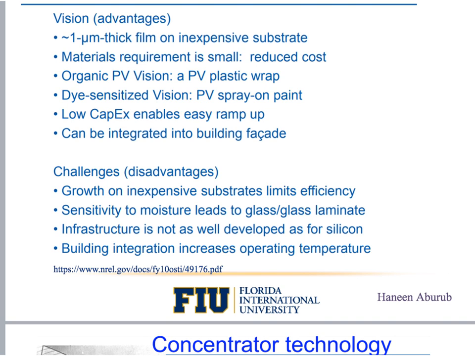Now the disadvantages include that the growth of inexpensive substrates limits the efficiency of this type of solar PV, so its efficiency is lower than crystalline silicon, and it's sensitive to moisture, which leads to glass lamination, and the infrastructure is not as well developed as for silicon. And the last thing is that building integration increases the operating temperature.